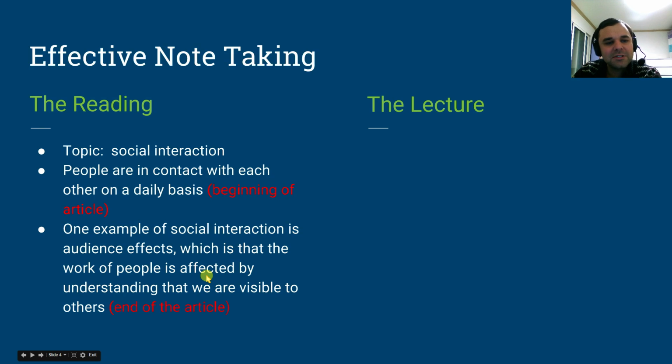So to repeat, your reading notes should be, first of all, the topic, second of all, something from the first sentence, and then something from the end of the article, something from the last sentence. That's all you need, just these 3 little points. There's more, but you don't need it. Focus on this. Topic, beginning, end. That's what you need. Next of all, from the lecture.